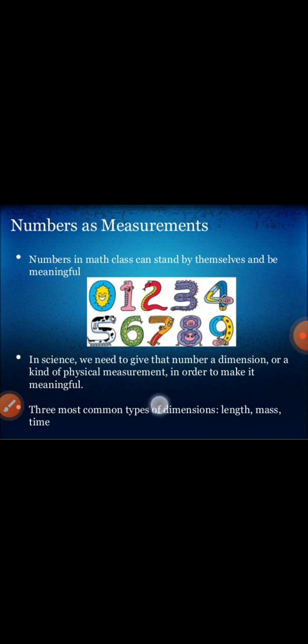But in science, we need to give that number a dimension or a kind of physical measurement in order to make it meaningful. The 3 most common types of dimensions are length, mass and time. So I hope the importance of measurement is clear to you.